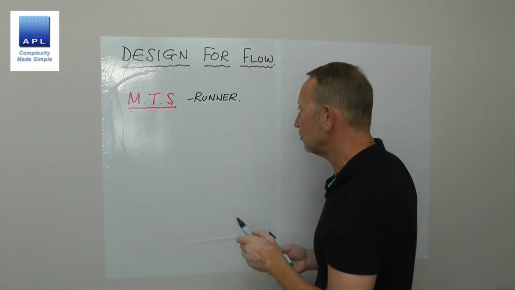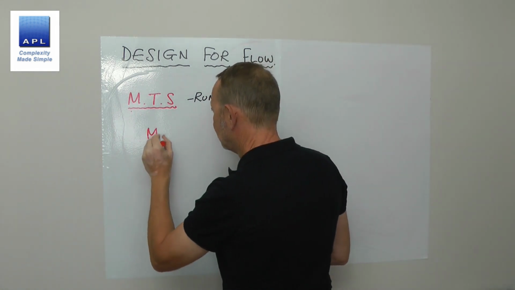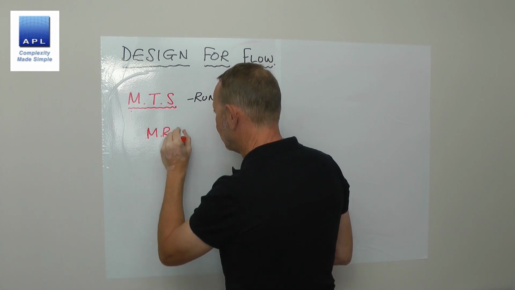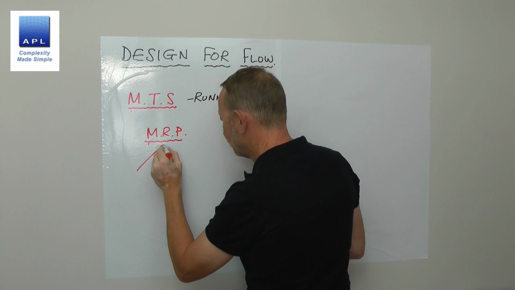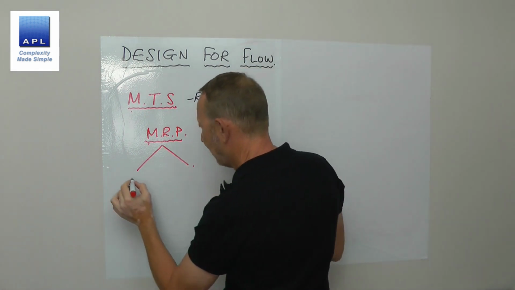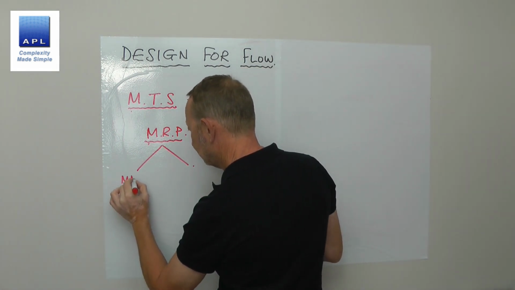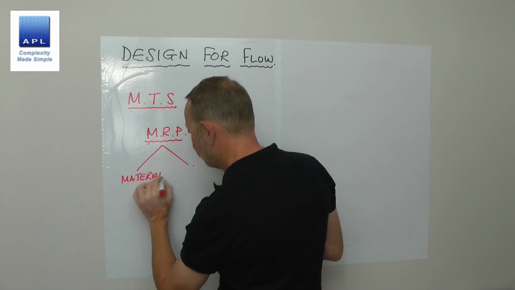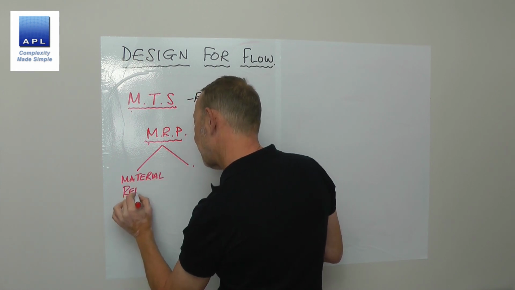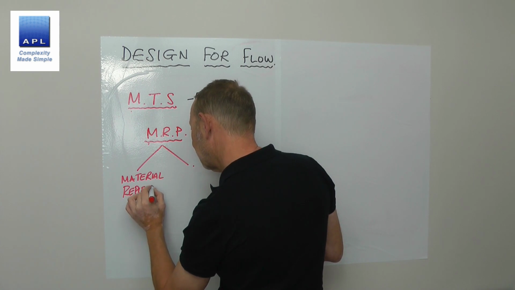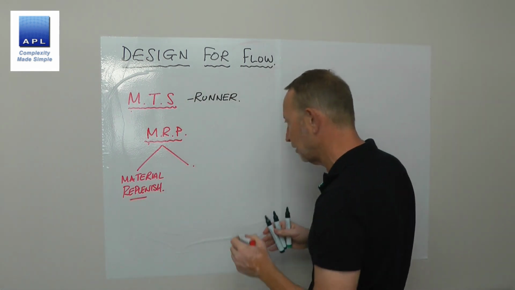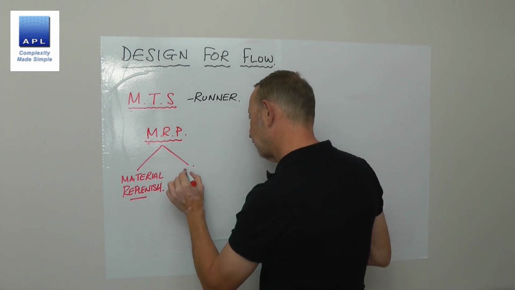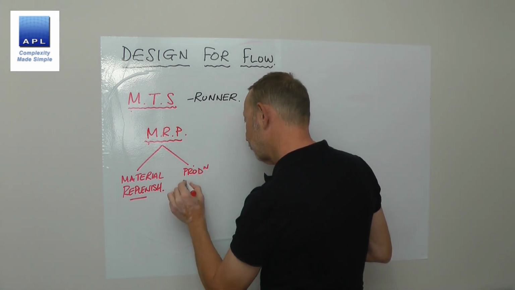If you think about your MRP system, you use it for two things. You use it for material replenishment, so the planners are looking at demand and deciding to buy. But you also use it for production planning.